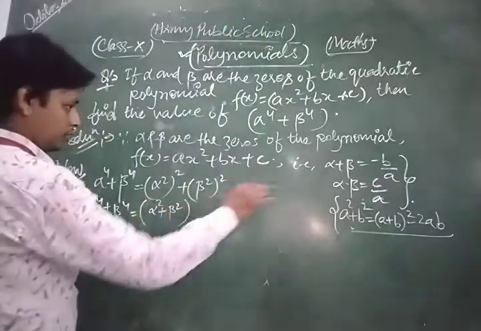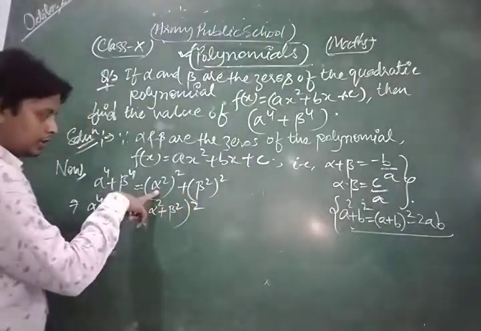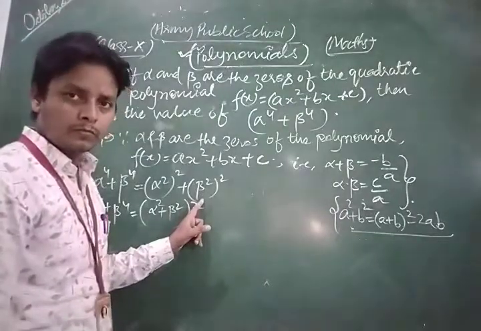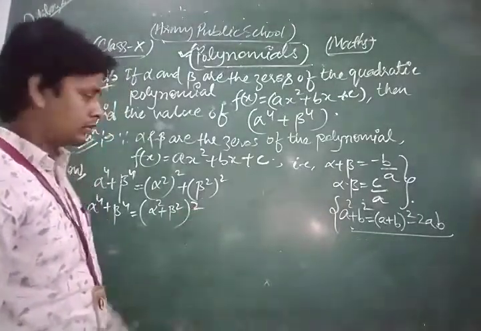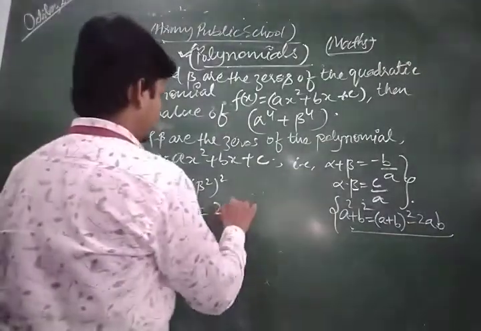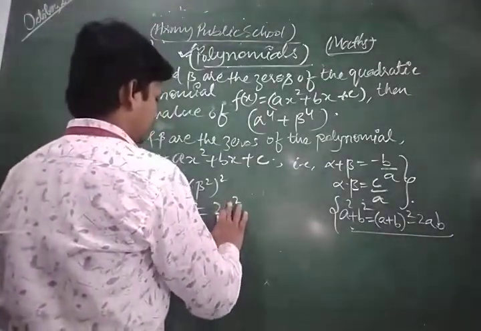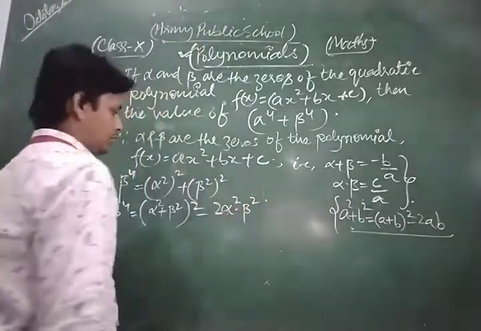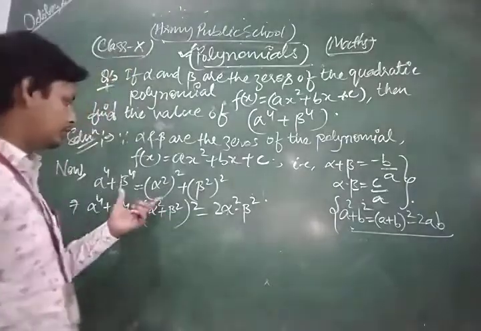alpha square plus beta square whole square, because the value of a is alpha square and the value of b is beta square, minus 2ab, that is minus 2 alpha square into beta square. First of all, we arrange the given values in this way.